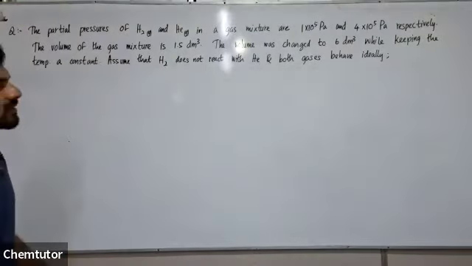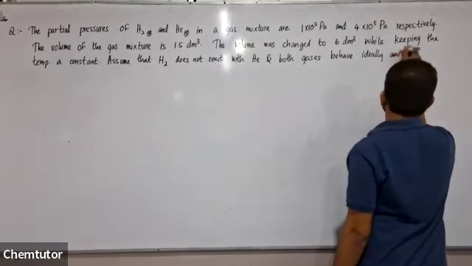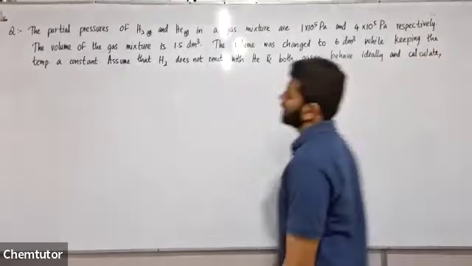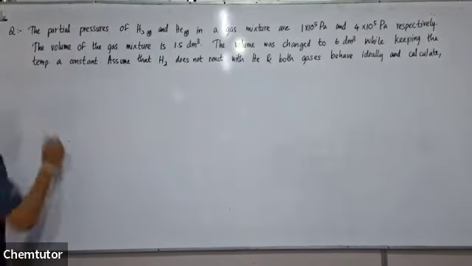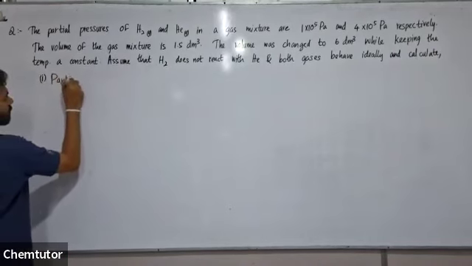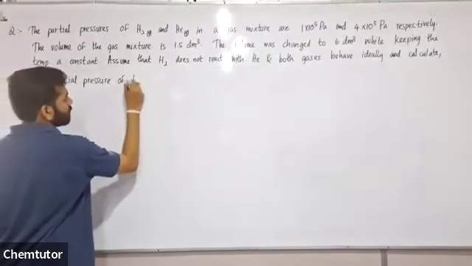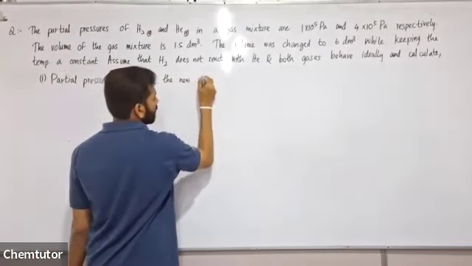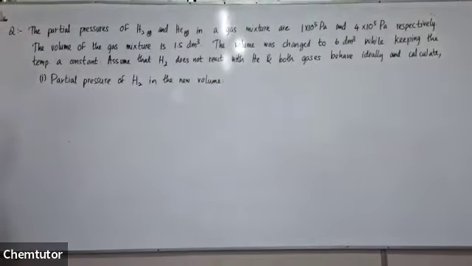And calculate: number one, partial pressure of hydrogen in the new volume. Second one, partial pressure of helium in the new volume.